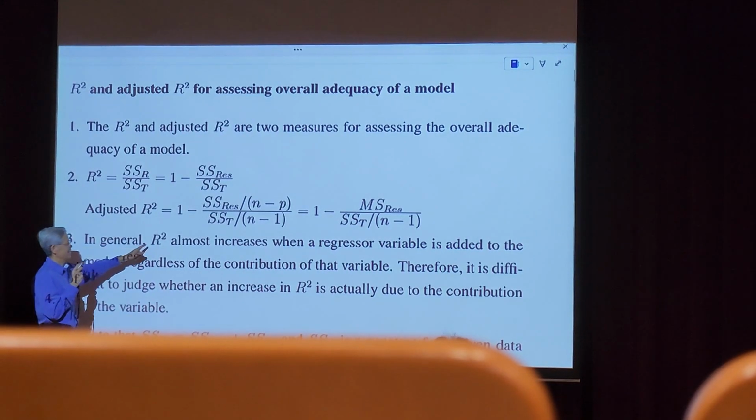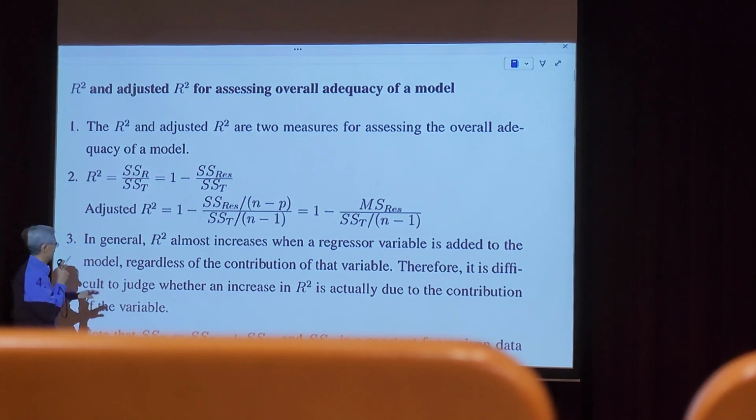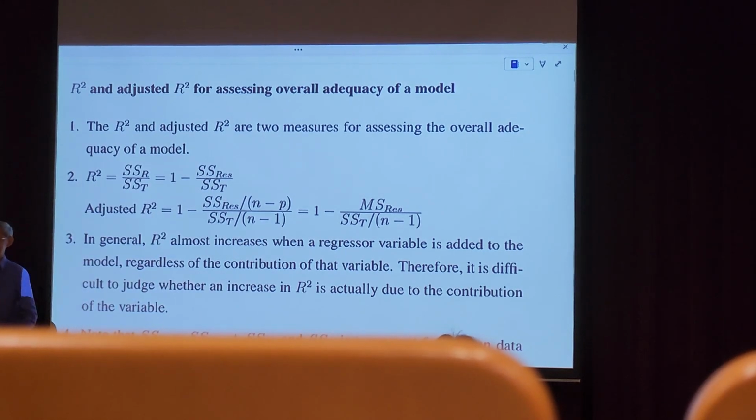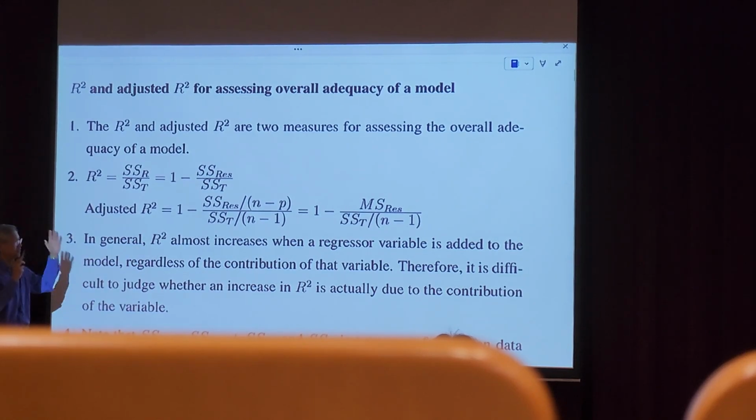I think if you try it out with R later, if you have a chance, suppose I look at the cholesterol data. I fit cholesterol level versus age. And if I add another regressive variable, age squared, and calculate R squared, R squared will increase.